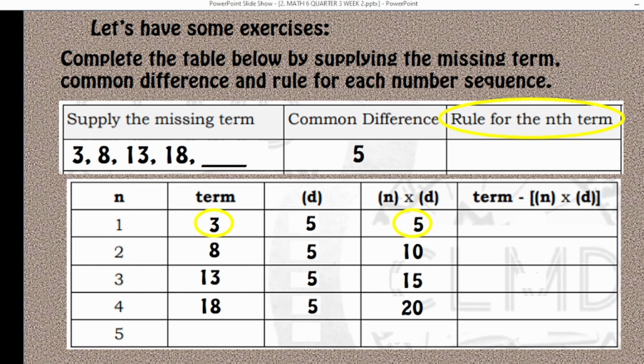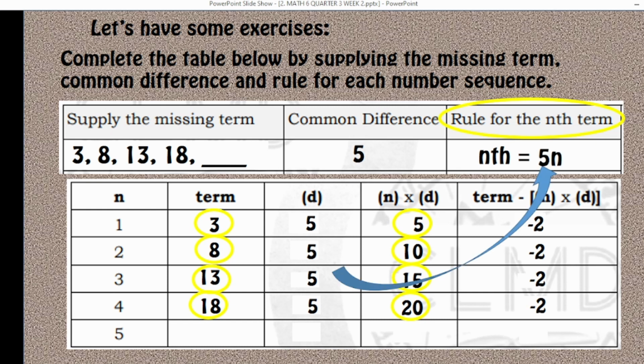At dito naman sa last column o ikalimang column, yung term ay isi-subtract doon sa fourth column. So, 3 minus 5 is equal to negative 2. 8 minus 10 is equal to negative 2. 13 minus 15 is equal to negative 2. And 18 minus 20 is equal to negative 2. So, ano ang ating nth term? Ang nth term ay 5n minus 2.